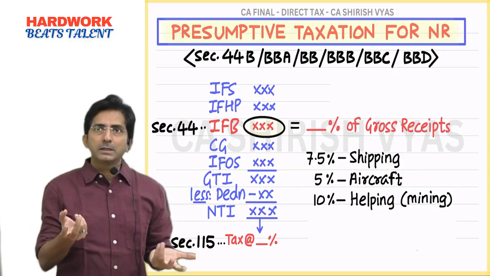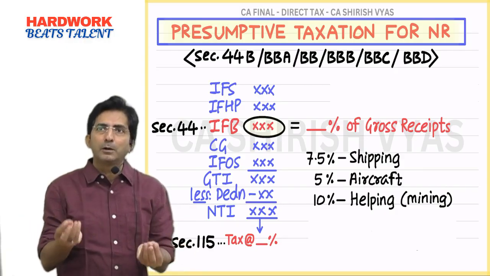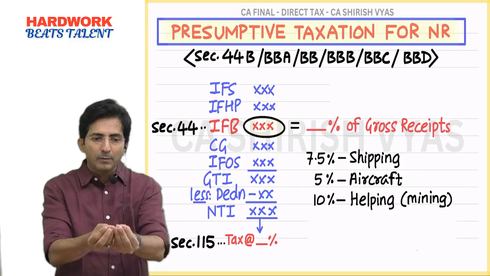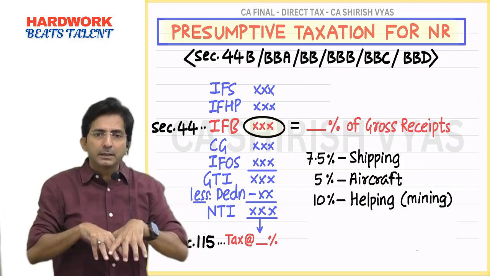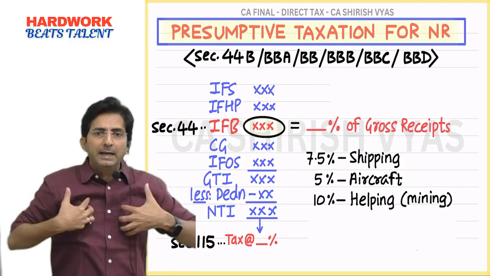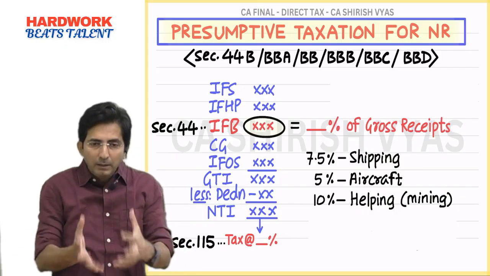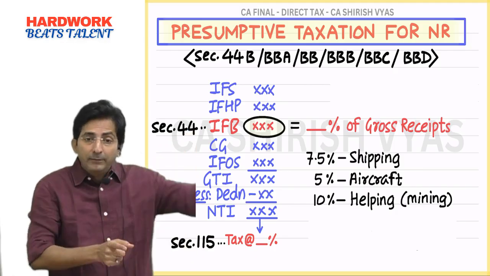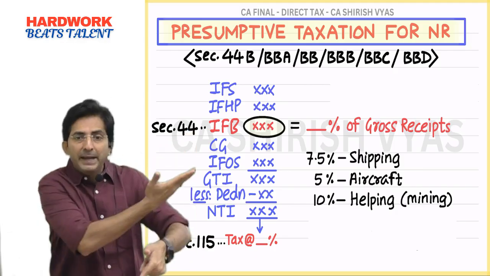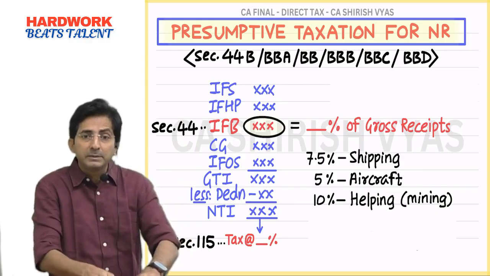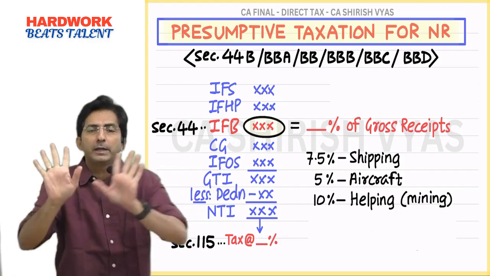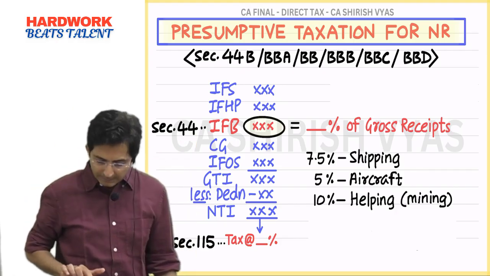Power generation sounds very simple, to generate electricity, but it requires a huge setup of plant and machinery, and India is not capable of that setting up. So generally we take the help of NRs. When these people help, they will charge and we will pay, and what we pay becomes their gross receipts. 10% of that they have to report in India as profit. Again the same 10%.